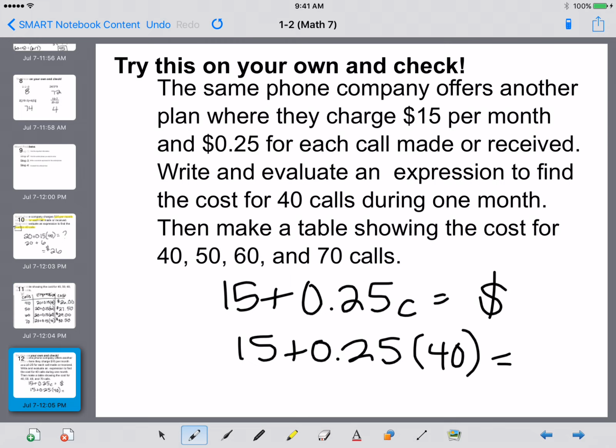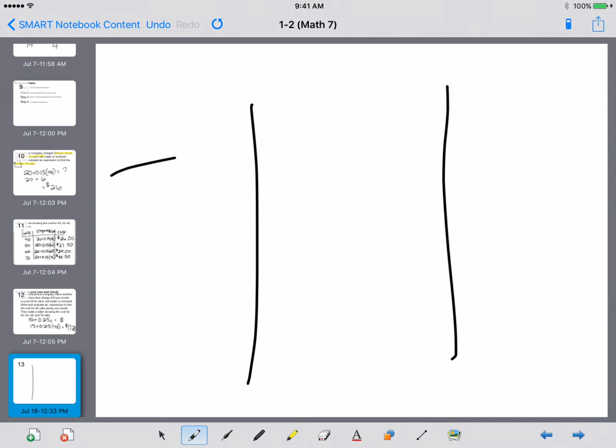Now I need a calculator. So 25 cents, 0.25 times 40 is 2.2 plus 15. So this one's only $17.20. A little better of a deal. So now I want to make my table. So boom, boom, boom.